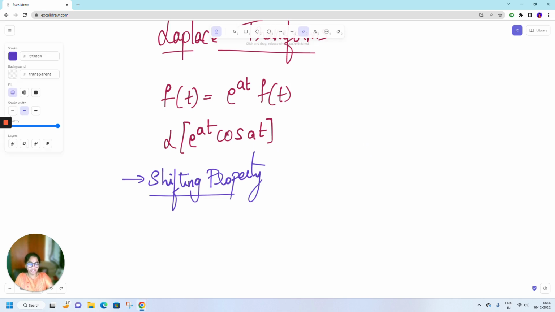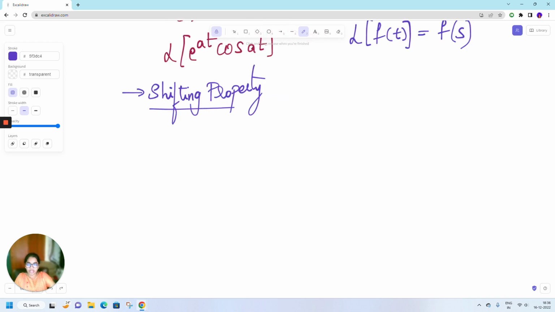I told you, if we find Laplace of f of t, the result would always be like f of s. In the answer, there will not be t, we will get s. That is, the real value is changing to a complex value, that is s.